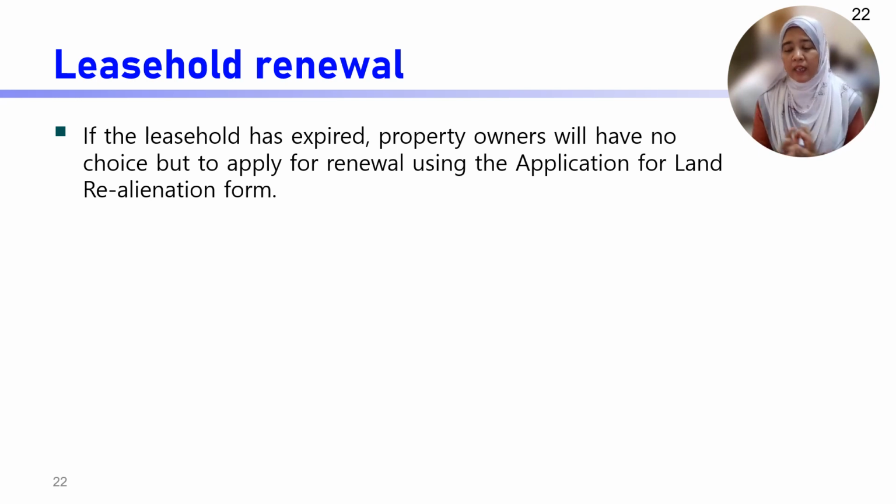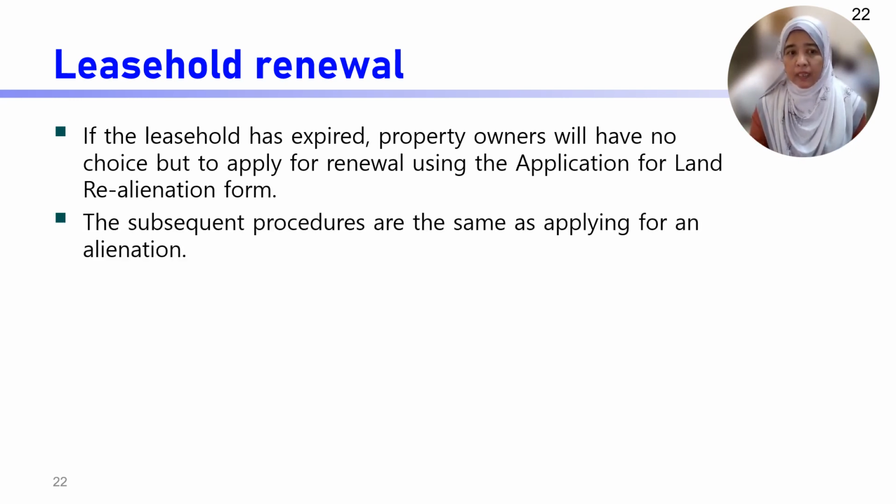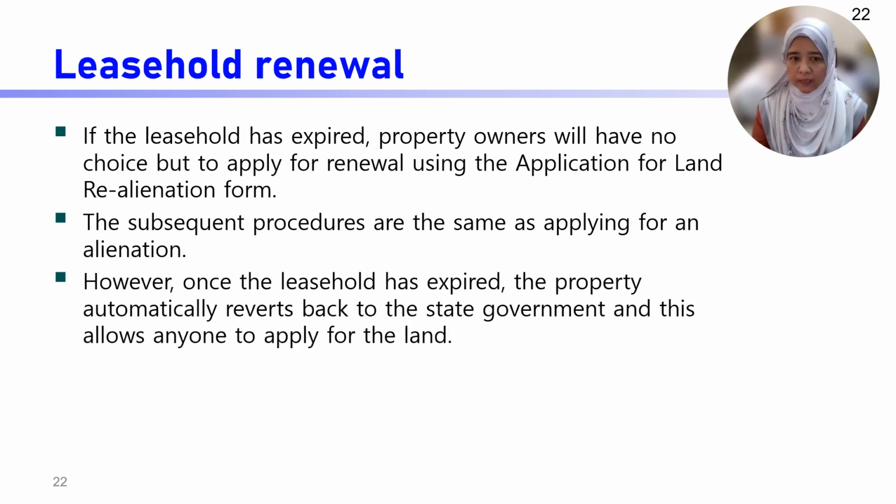Ini dah re-alienation. Tak ada kena-mengena dengan tadi tu. Surrender and re-alienation. Ini application for fresh lah. Tapi re-alienation atas tanah tersebut. The subsequent procedures are the same as applying for an alienation. Yang mana boleh diberi, boleh juga ditolak. And also have to pay premium.